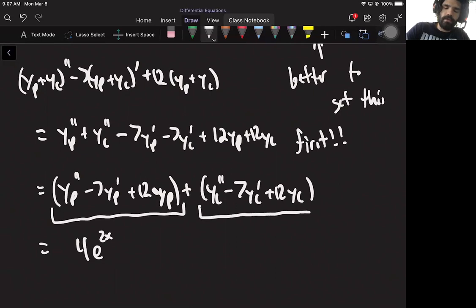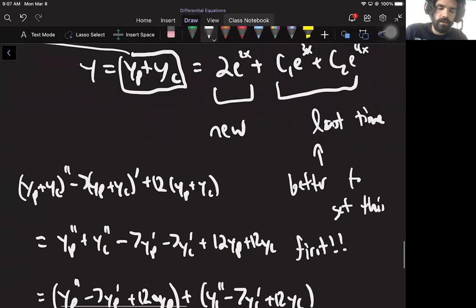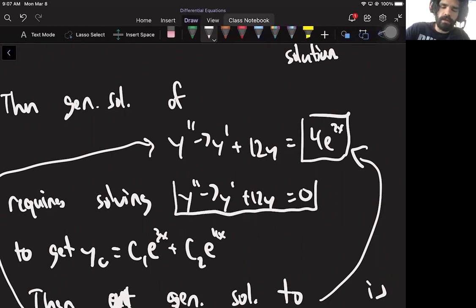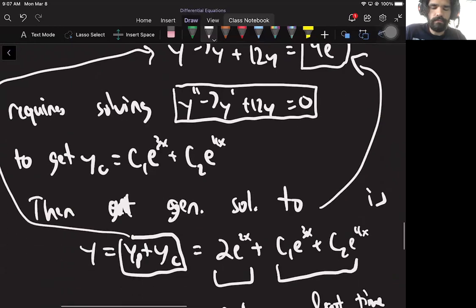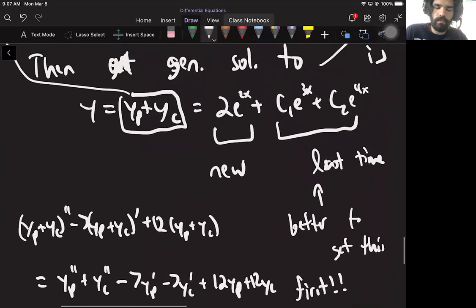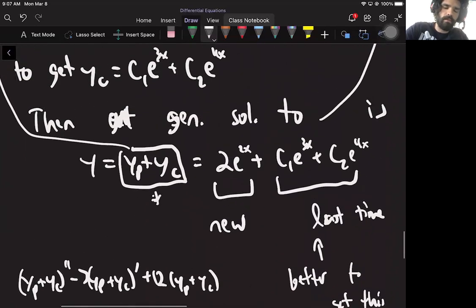And this is a solution to the homogeneous version, so this just equals 0. So yes, plugging in yp plus yc to the left side does get you this. Plugging in yp alone would also get you this, but because plugging in yc gets you 0, you get a whole bunch more solutions, which comes from adding them together. Okay, so that's the general idea there.